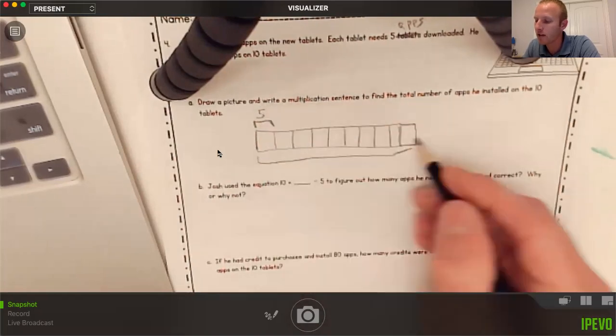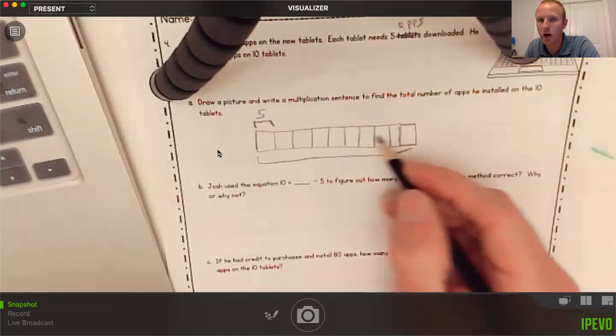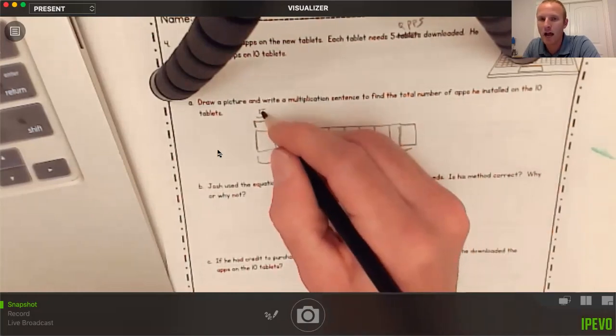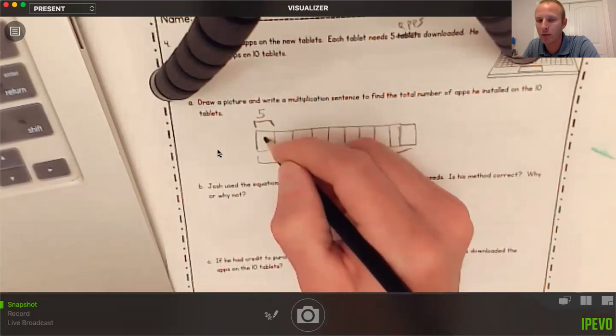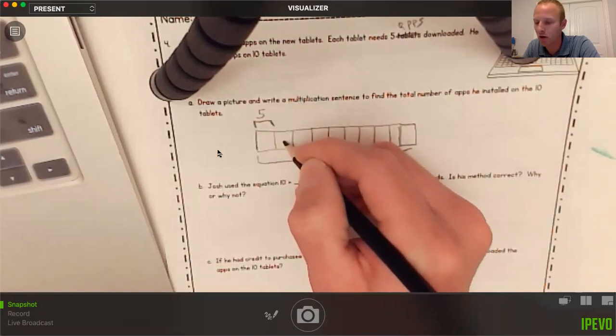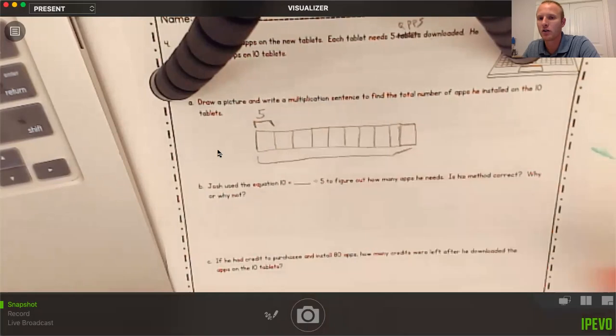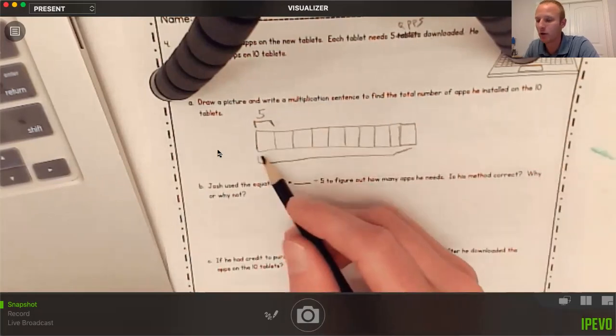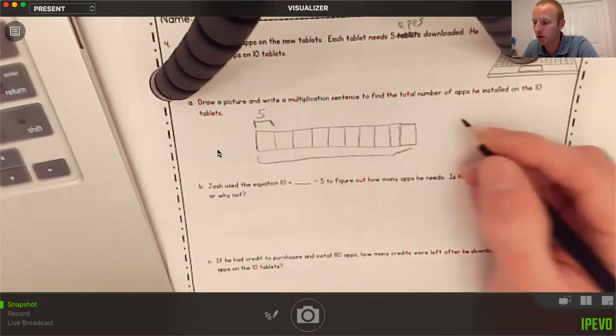So again, these are the 10 tablets. The boxes in here show each one is worth a tablet, and there are going to be 5 apps put on each tablet. So like 5 apps on the first one, 5 apps on the second one, 5 apps on the third one, and so on until you're done with all of them. So we can count by 5s 10 times, or we could write a multiplication sentence.